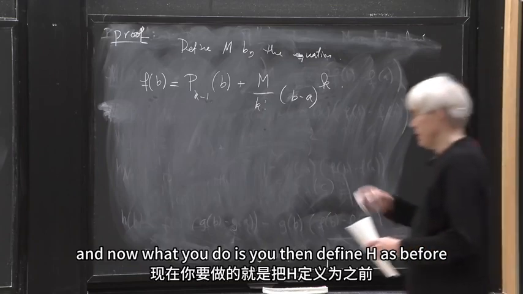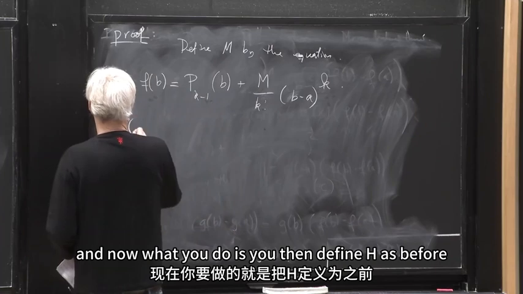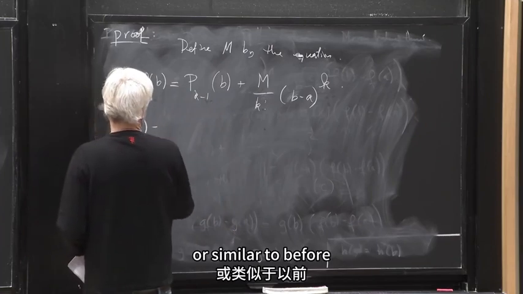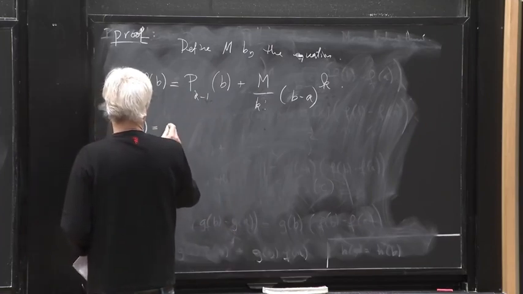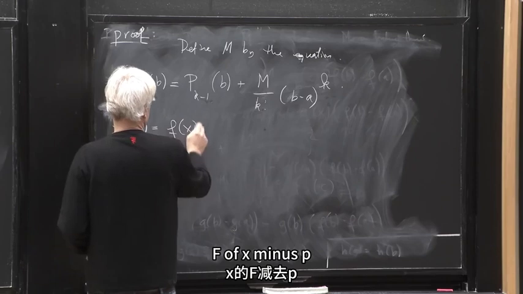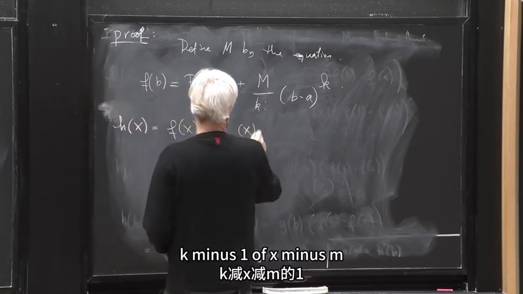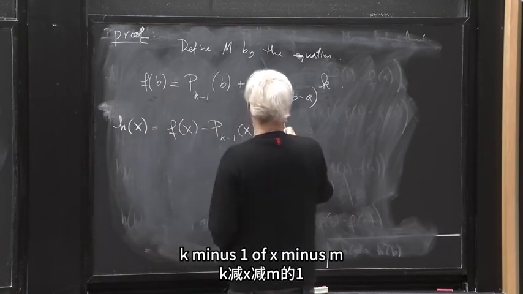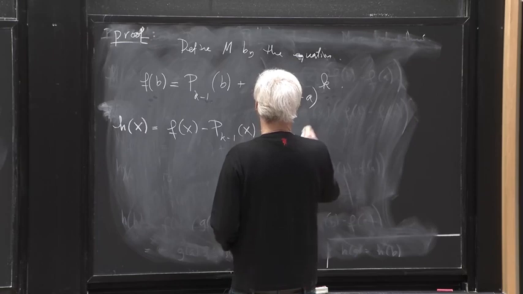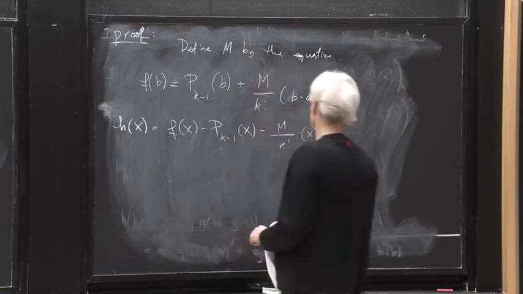And now what you do is you define h as before, or similarly to before. h is then going to be f of x minus p k minus 1 of x minus m over k factorial times x minus a to the power k.